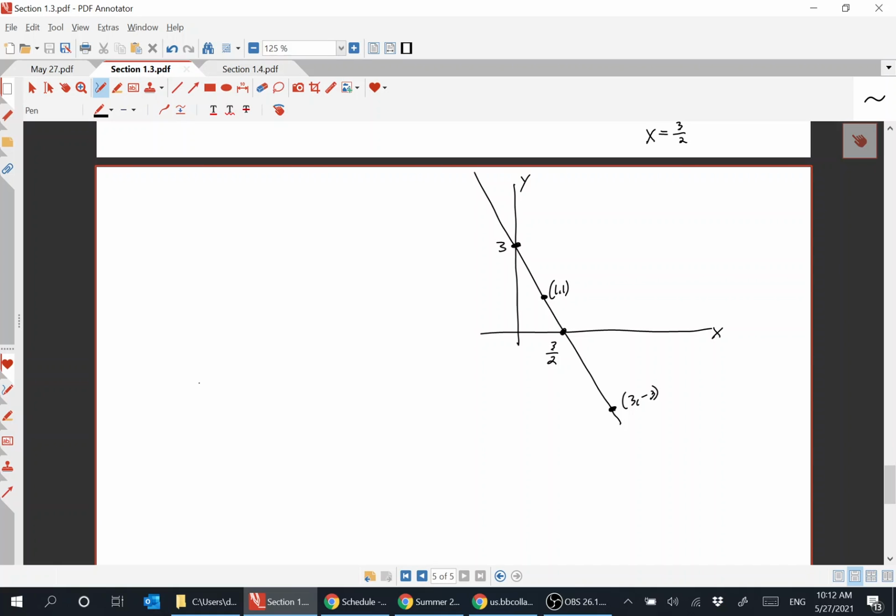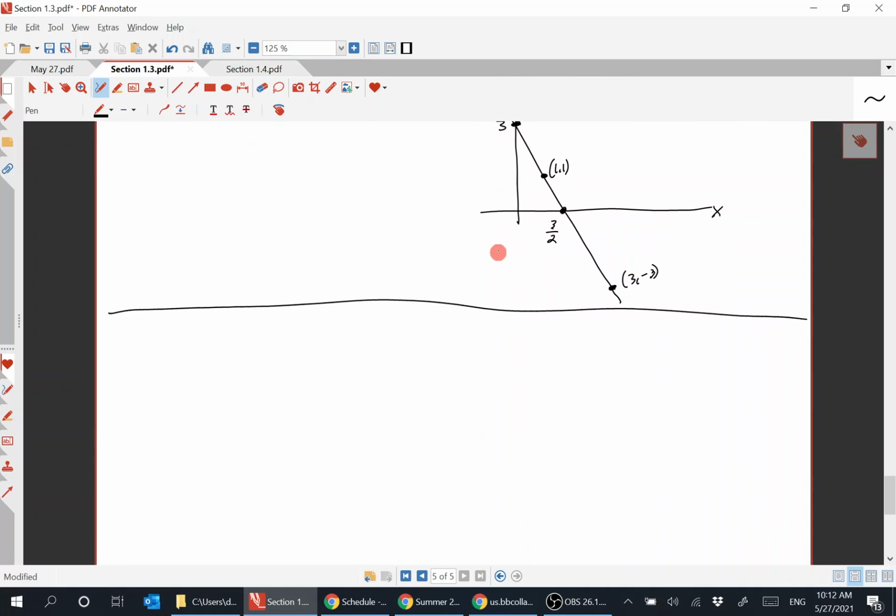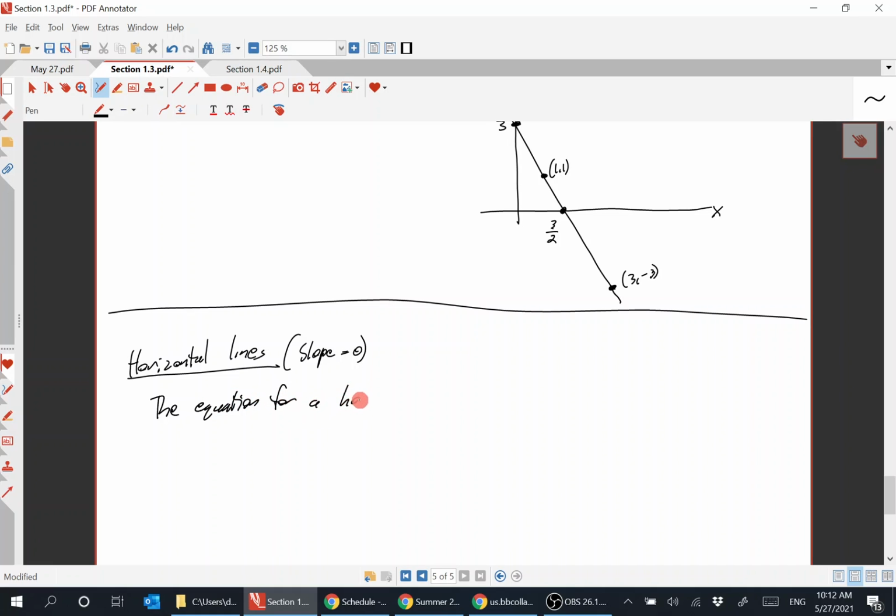Okay, some special lines. Horizontal lines. So a horizontal line has slope 0. Right, and the equation for a horizontal line is just y equal to k, where k is the y-intercept.